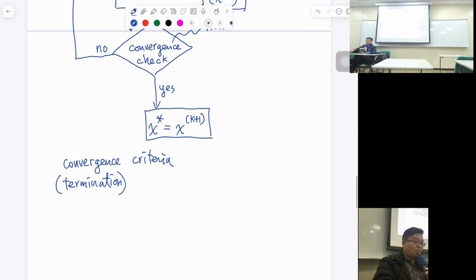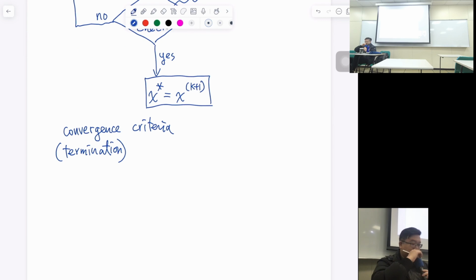Now, one possible convergence criteria could be the difference between the latest solution and the previous solution has to be smaller than a small number.